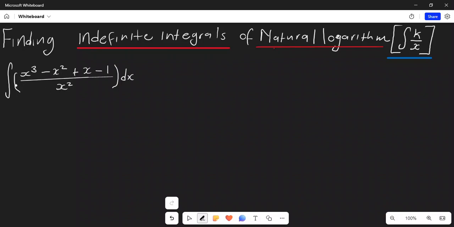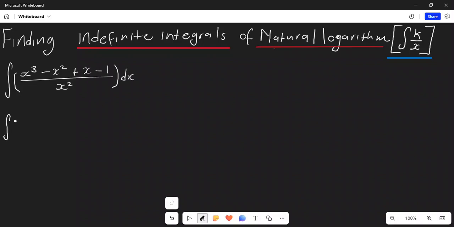So let's simplify this. It might take time, but I need you to bear with me. Since this line is solid here, it basically means that each and every term on the numerator is divided by the x squared. So let's do it.